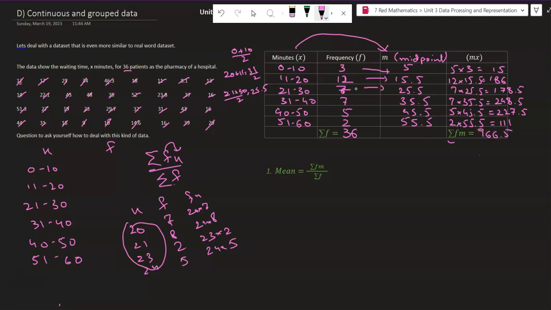And I get 966.5. And then the formula now is summation fm, which is frequency into midpoint, divided by summation f. And so this becomes 966.5 divided by 36.